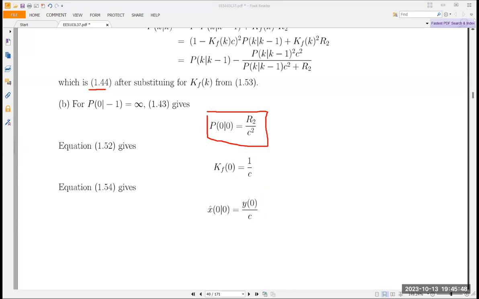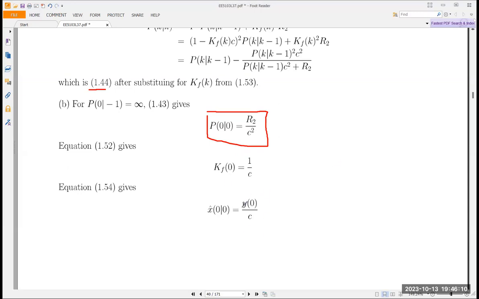All right, you stick in Y naught and all these are 0, 0. And KF was already found as this. So you will get Y over KF, which is 1 over C. So it's Y over C. All these are zeros.